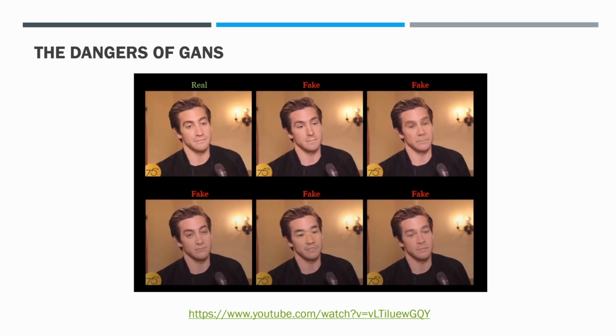So it's a danger to the society, but again, certain research institutions are working on creating more models using the GAN concept that are able to distinguish GAN generated media from the actual ones. So the answer to the dangers of GANs is GANs themselves.